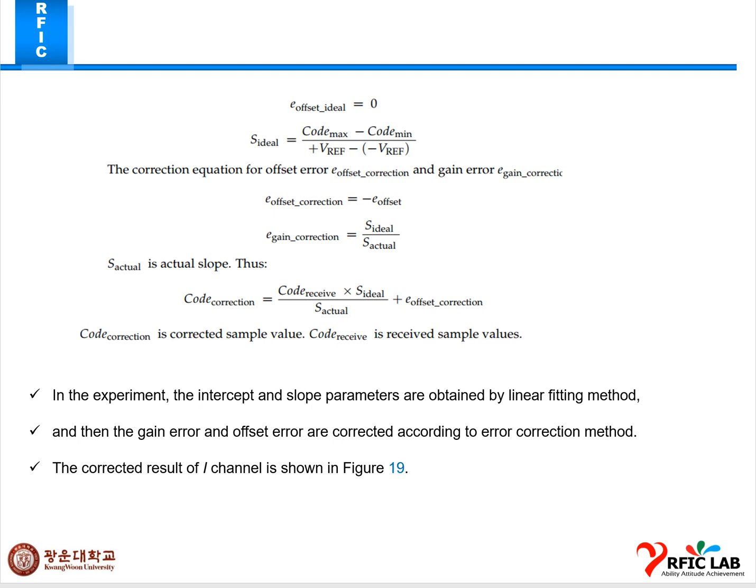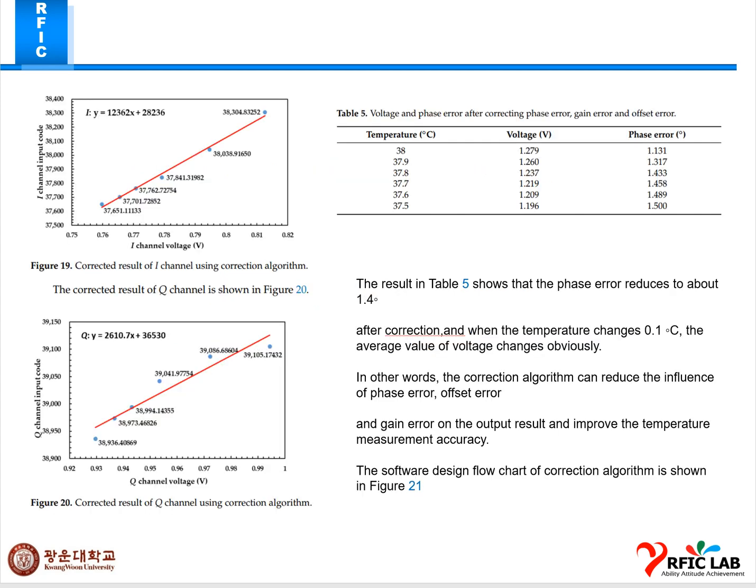This was the error correction method, and the result is shown in figure 9. This is the graph of the corrected result of the I channel using the max and min equations.